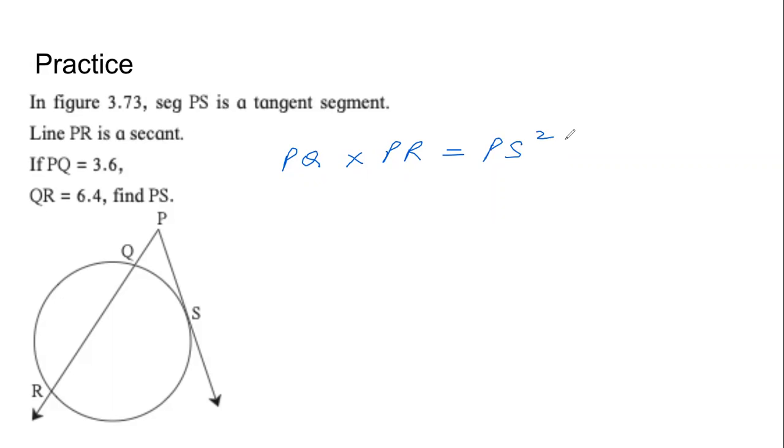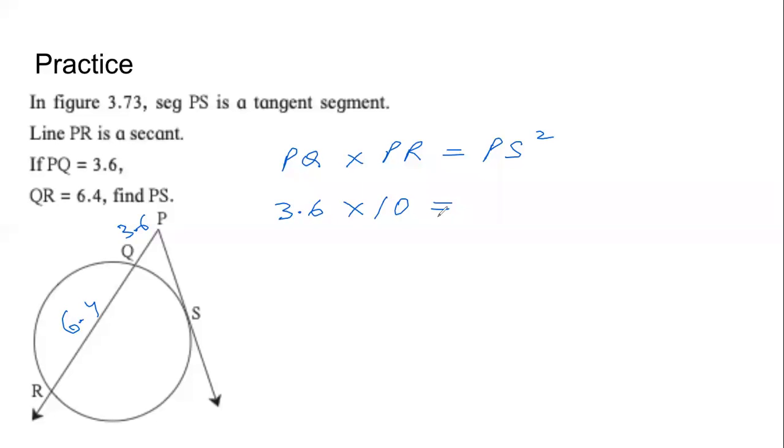All we need to do now is put the values. How much is PQ? 3.6. How much is QR? It is 6.4. Oh, this is 6.4. This is 3.6. So how much is PR? 10. Is it 10? Yes, it is 10.